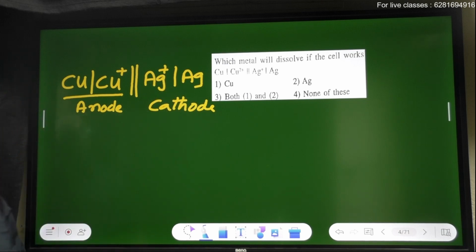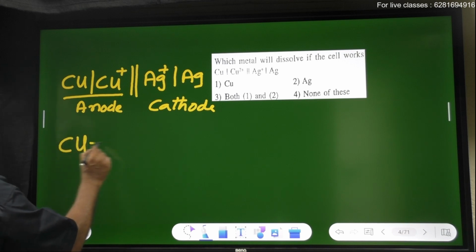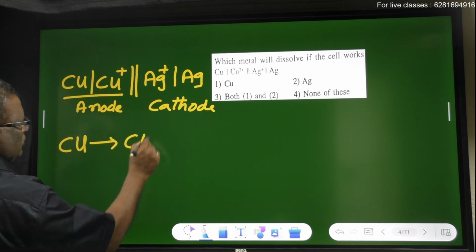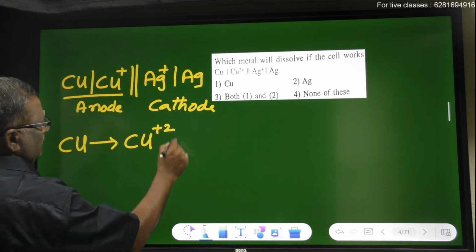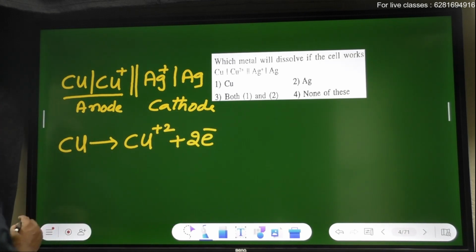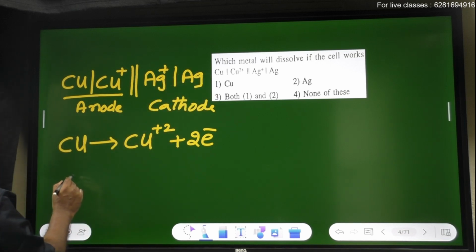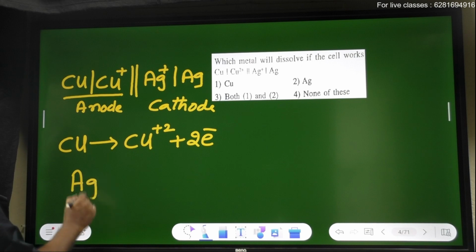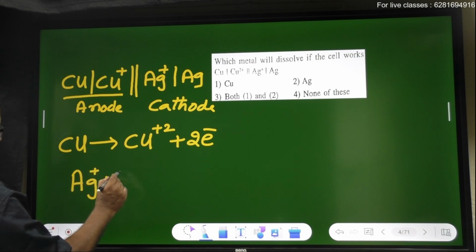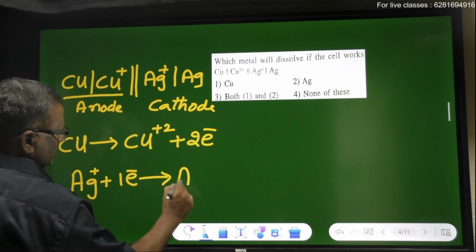Now at the anode, the oxidation reaction will take place. Oxidation means copper is converted to Cu+2 ions by liberating 2 electrons. This is the anode reaction. Then at the cathode, Ag+ ions take 1 electron and are reduced to Ag.